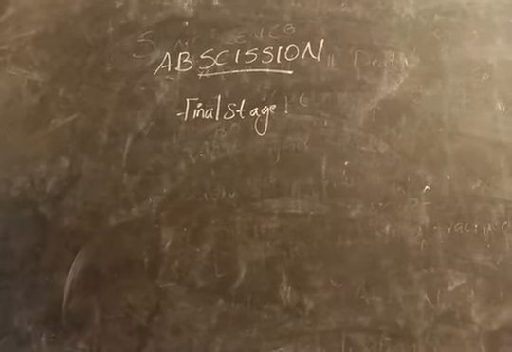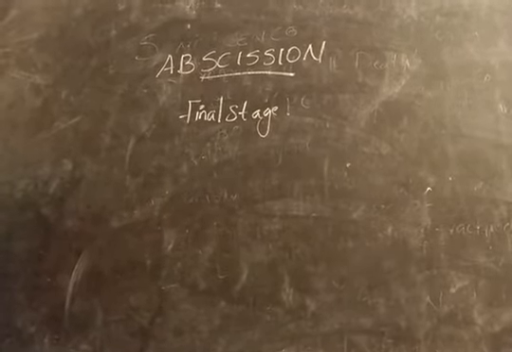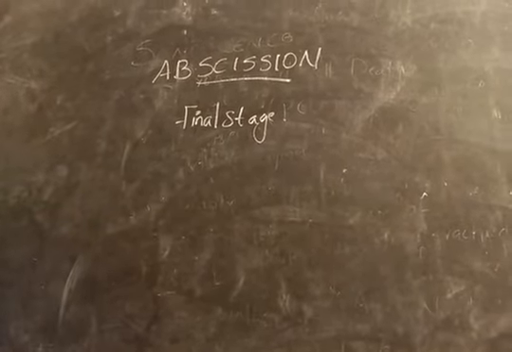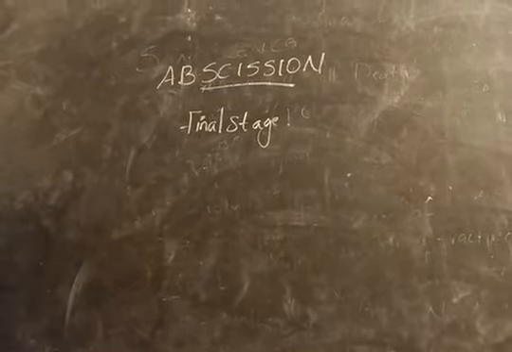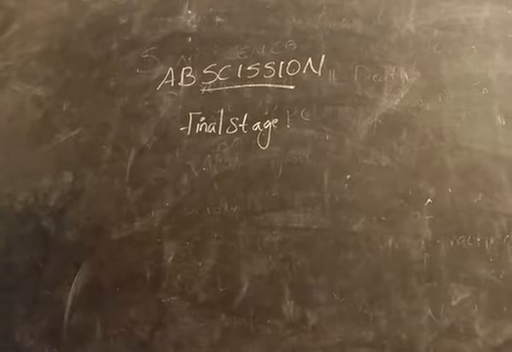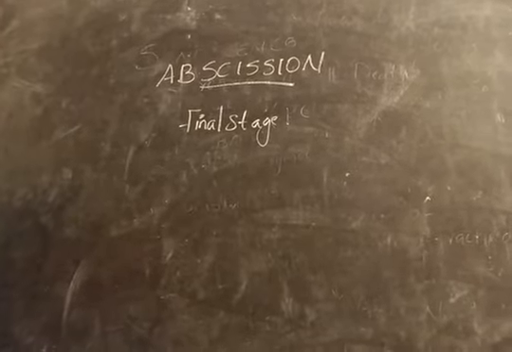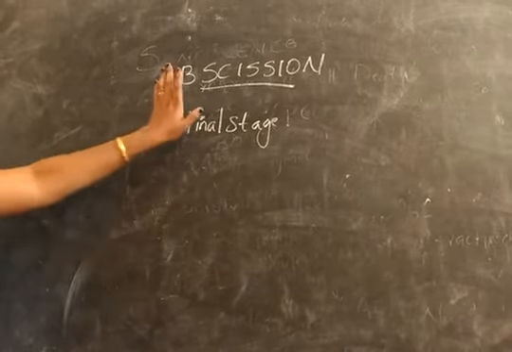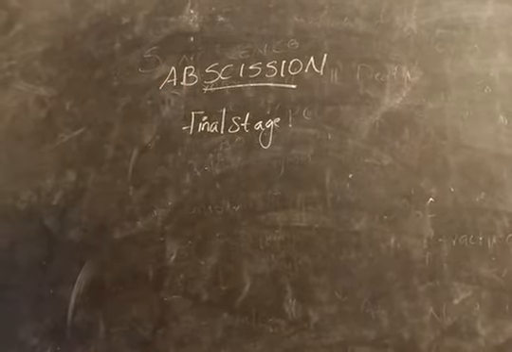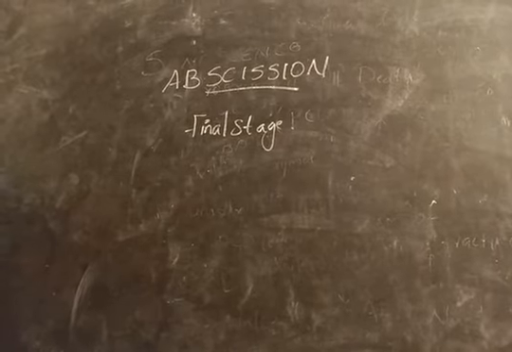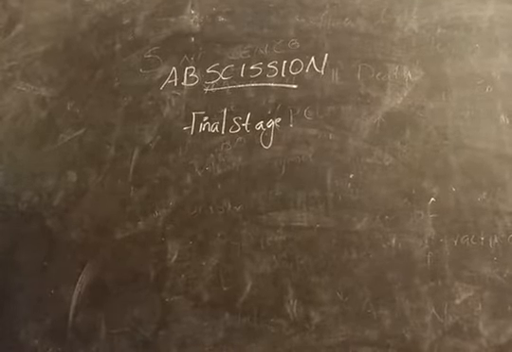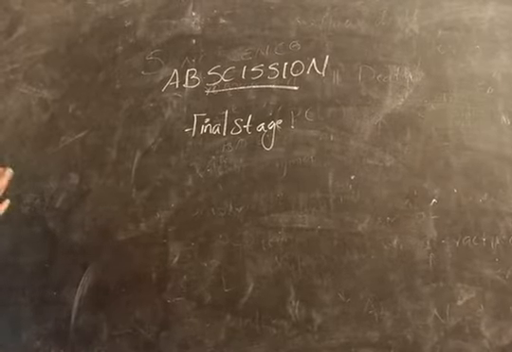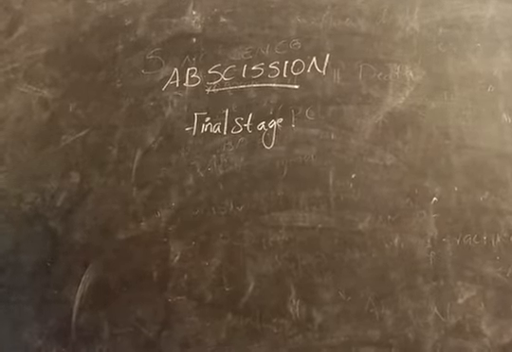We know that in temperate regions, all the leaves of deciduous plants fall in autumn and give rise to a naked appearance. Then the new leaves are developed in the subsequent spring season. This is due to the process of abscission. But in evergreen plants, this is quite different. The abscission is not uniform, it is gradual.